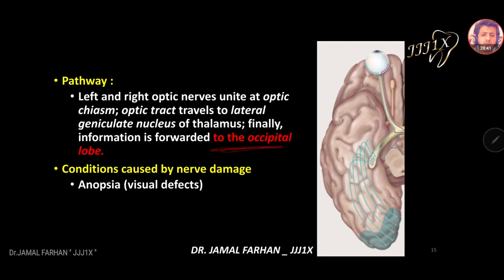Okay, the condition caused by nerve damage. Because it's a sensory vision nerve, if there is any damage to this nerve, it will affect your vision, because it is specific to vision. So it causes visual defects.